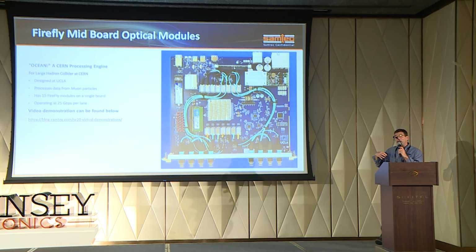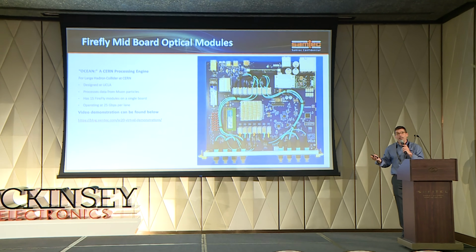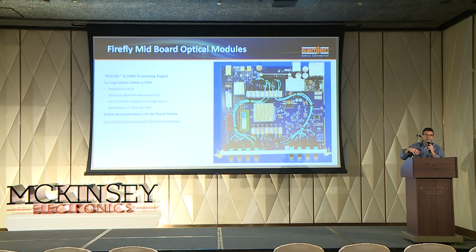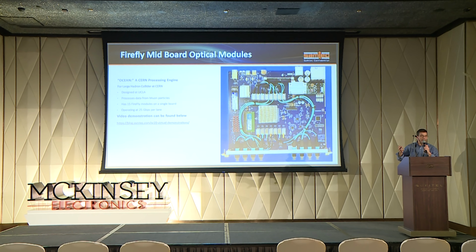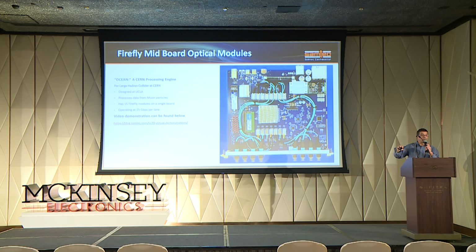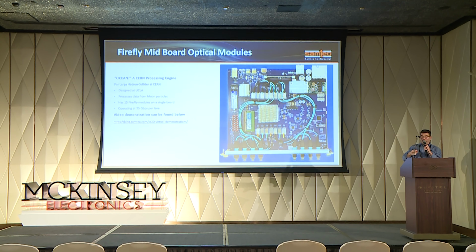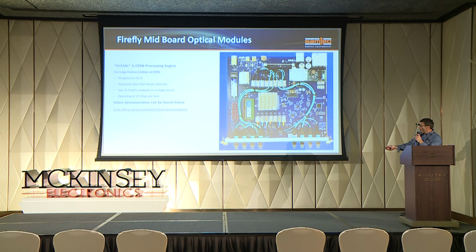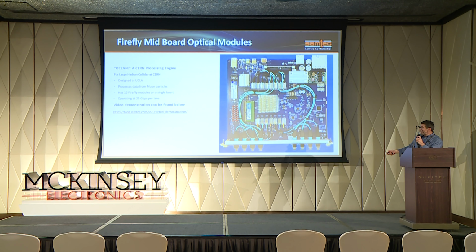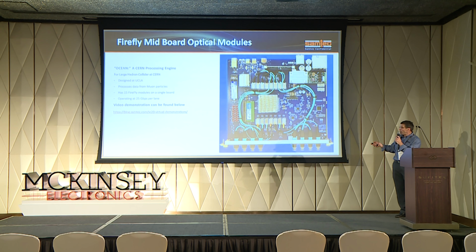The essence is where you need very, very high density and very, very high performance signaling, up to 25 gigabits data rate, going to longer reach, the Firefly optical modules get you midboard and very high density. So at this point of your faceplate here, each one of these MTPs is taking 24 fibers, 12 lanes. If you compare that to what you would get through a QSFP-DD module, the physical size is far more dense than what you have elsewhere.